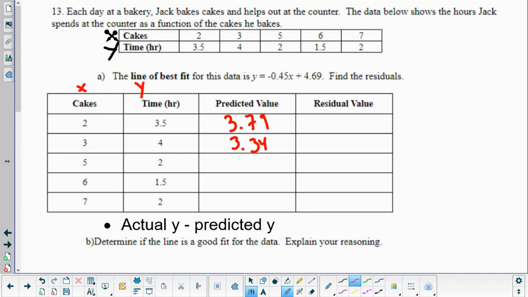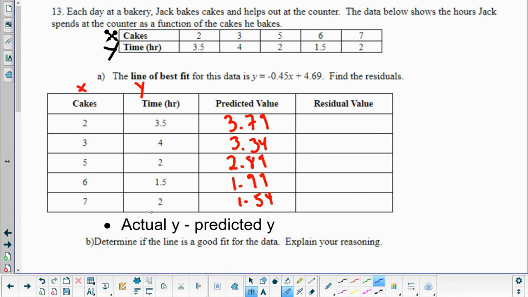All right, we're going to do that for all of our x values. I did this already ahead of time, so I end up with 289, 199, and 154.